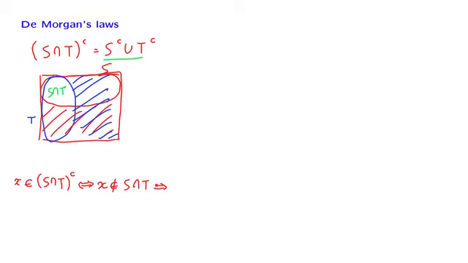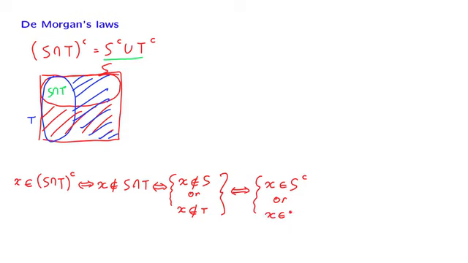Since it is not in the intersection, this is the same as saying that X does not belong to S or X does not belong to T. But this is the same as saying that X belongs to the complement of S or X belongs to the complement of T. And this is equivalent to saying that X belongs to the union of the complement of S with the complement of T. So this establishes this first De Morgan's law.